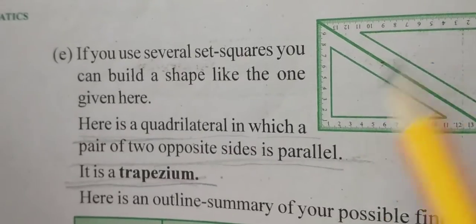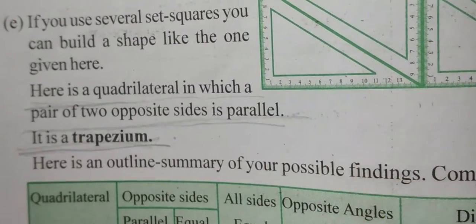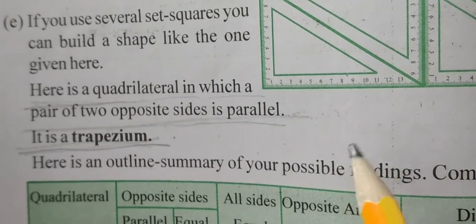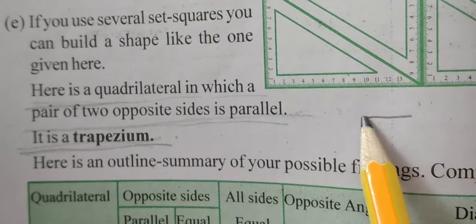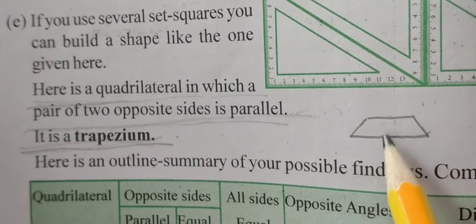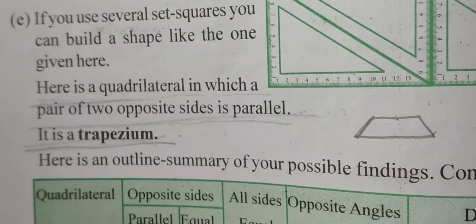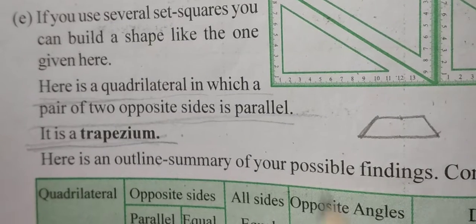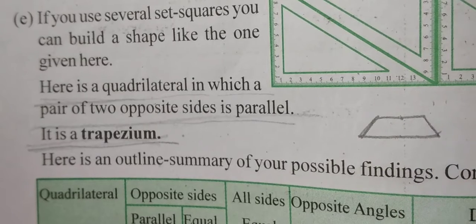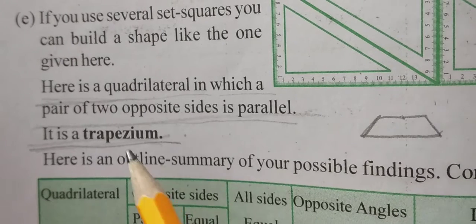You cannot get a clear picture of a trapezium when you look at this figure, but it is somewhat like this, where only one pair of opposite sides is parallel. The other pair of opposite sides is not parallel. Only one pair is parallel. Okay, so that's called a trapezium.